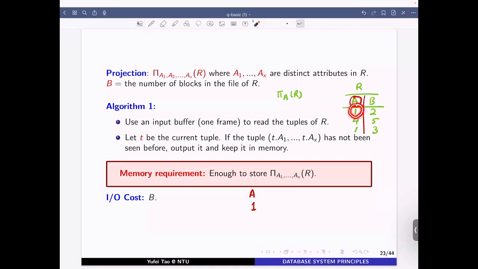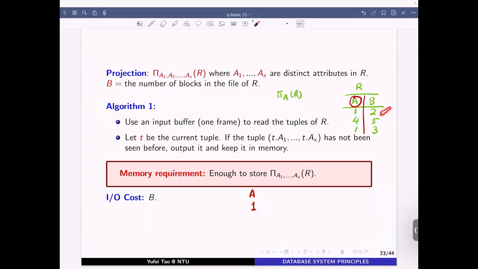So we will display this 1. However, after that, we will keep this value 1 in the main memory. Why? Well, you will see later.